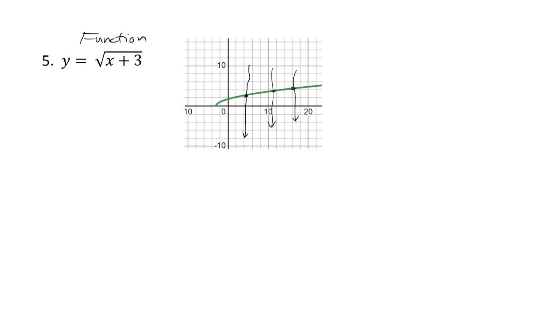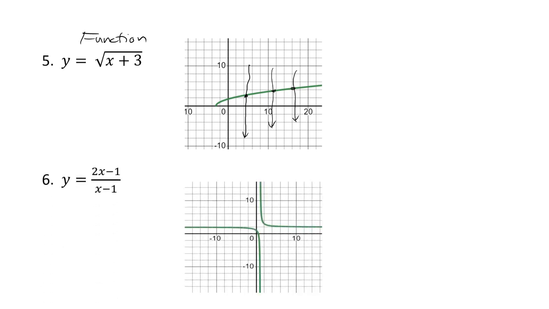And then the last one, we're going to graph this. We have this graph, right? So vertical line test, vertical line test, vertical line test. It's always one intersection, so this is also a function.